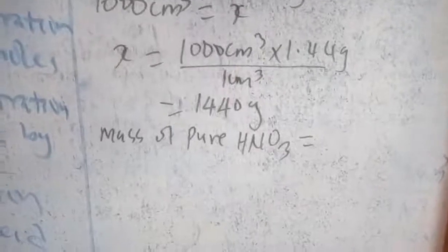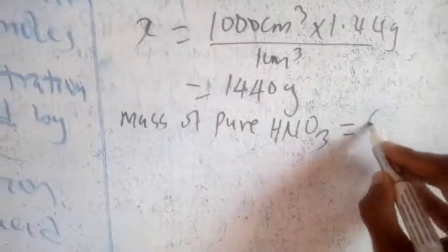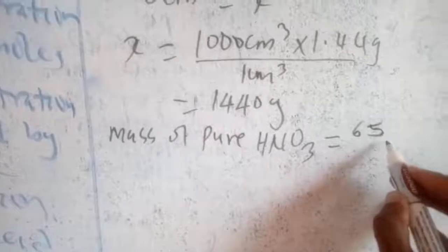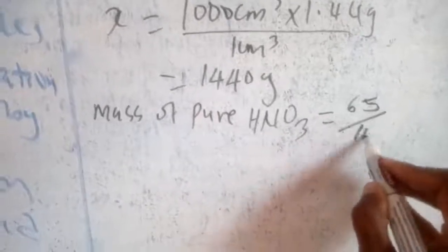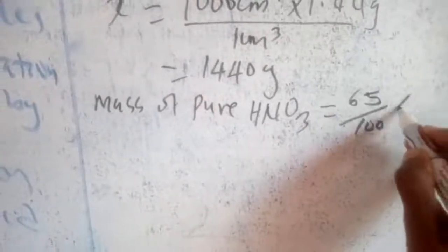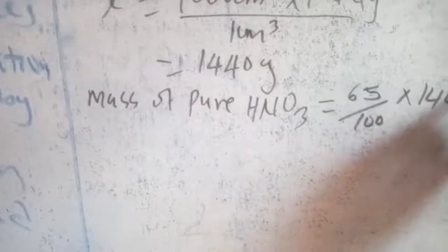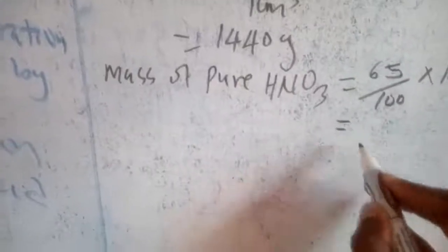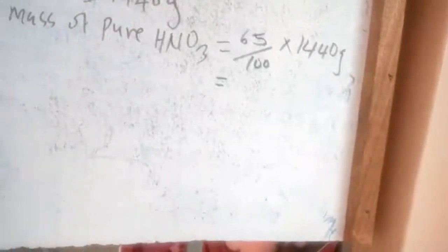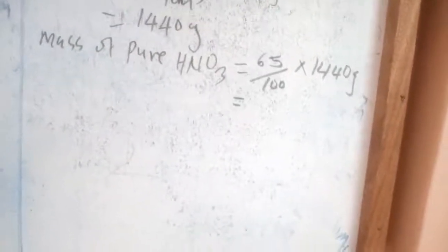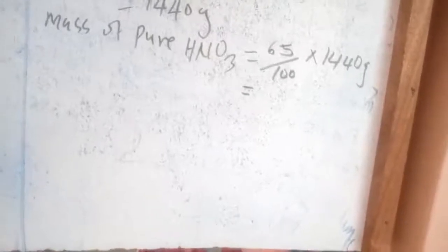So when it comes to the calculation of the mass of pure nitric 5 acid, you say 65 divided by 100, because it is a percentage, then you multiply by 1440 grams. You go to the calculator and compute 65 divided by 100, then multiply by 1440 grams.